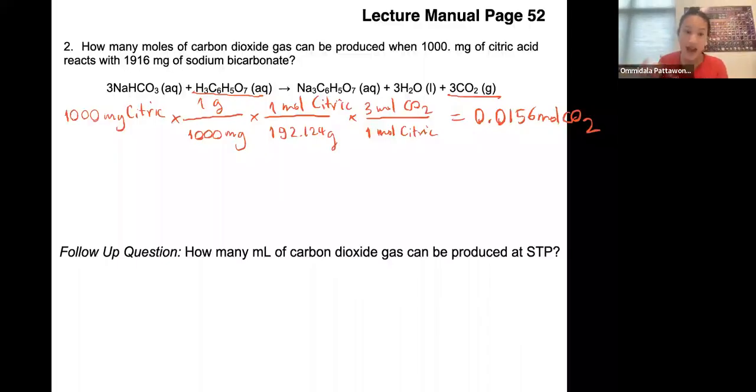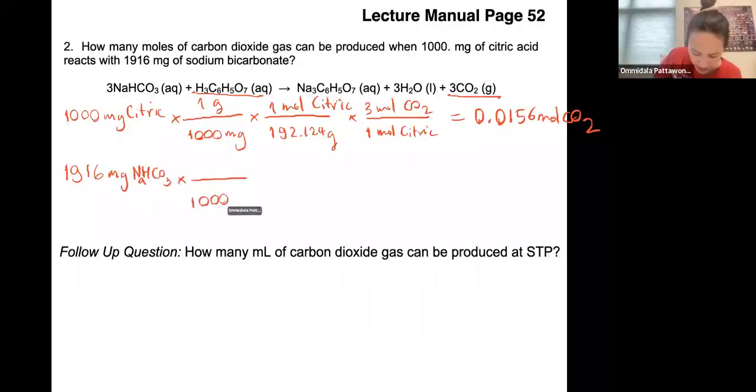This CO2 is the amount of carbon dioxide that can be made from citric acid. Now we're going to check the same thing with sodium bicarbonate. So I'm going to do 1,916 milligrams of sodium bicarbonate, and again convert these milligrams to grams, and then use the molar mass of sodium bicarbonate to convert to its mole.